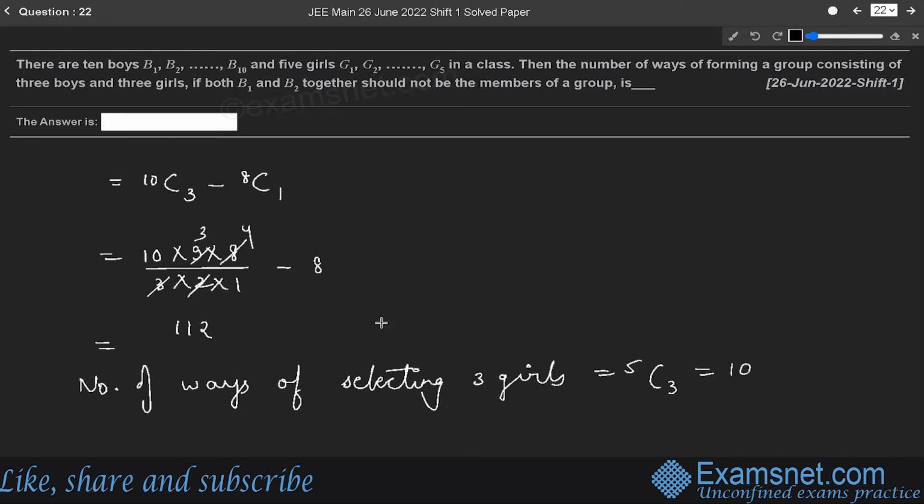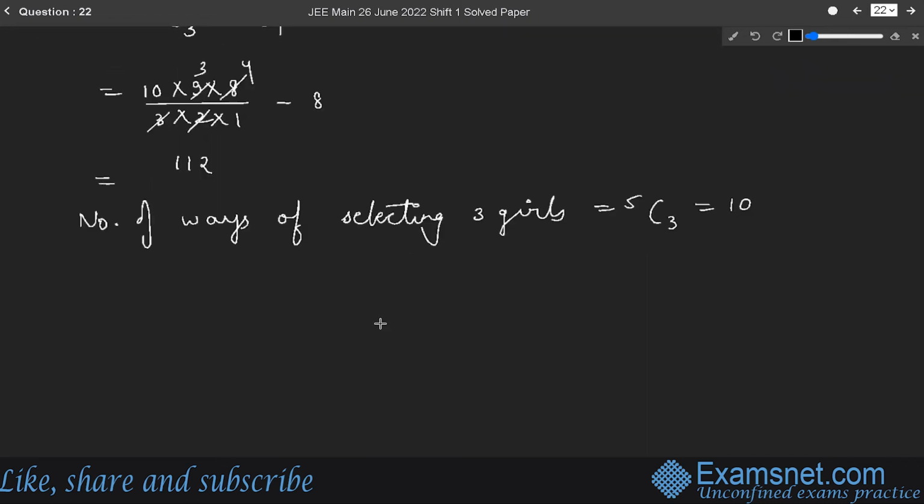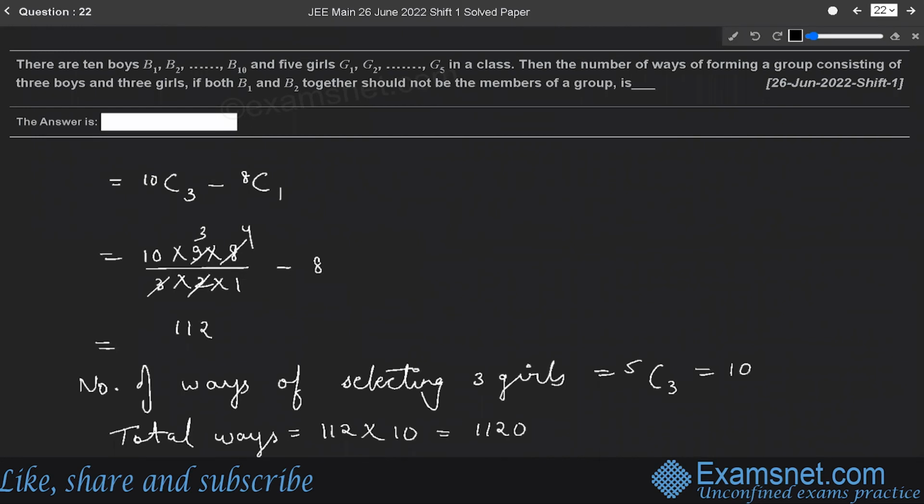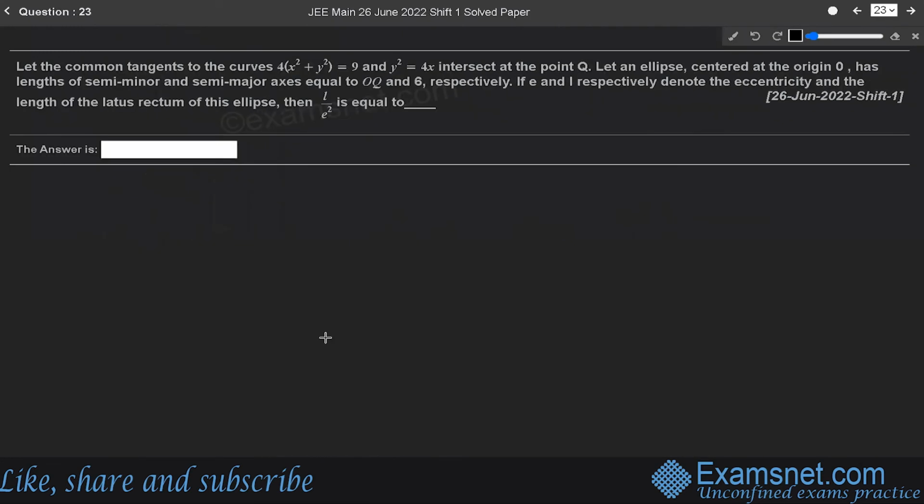So this will be equal to 10. Therefore, we can say that the total number of ways will be equal to 112 into 10, which is equal to 1120. So the correct answer for this question is 1120. Moving on to next question.